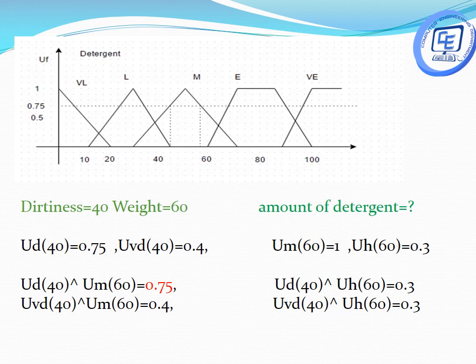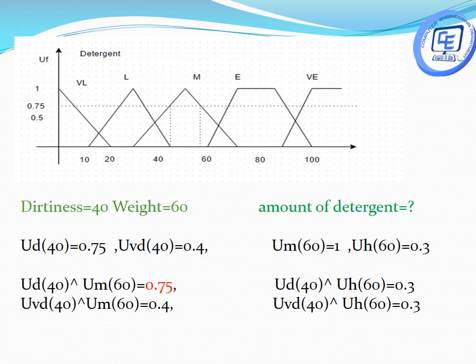So again for the weight we have got two values, that is mu M of 60 is equal to 1 and mu H of 60 is equal to 0.3. Now for dirtiness we have two values, for weight we have two values. Now we have to find the intersection of these, because for the amount of the detergent we have to find out one particular value. So here we have got four values.